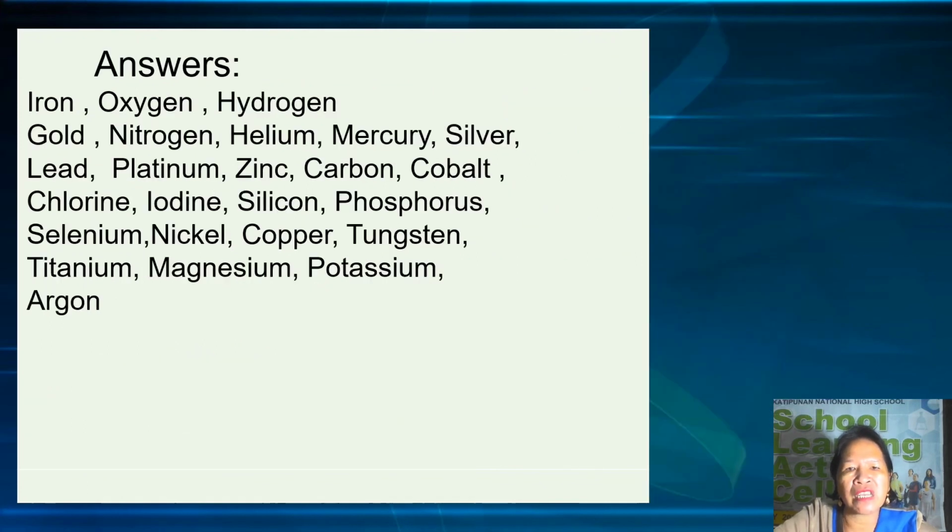You have here the different elements mentioned in the story: iron, oxygen, hydrogen, gold, nitrogen, helium, mercury, silver, lead, platinum, zinc, carbon, cobalt, chlorine, iodine, silicon, phosphorus, selenium, nickel, copper, tungsten, titanium, magnesium, potassium, and argon.